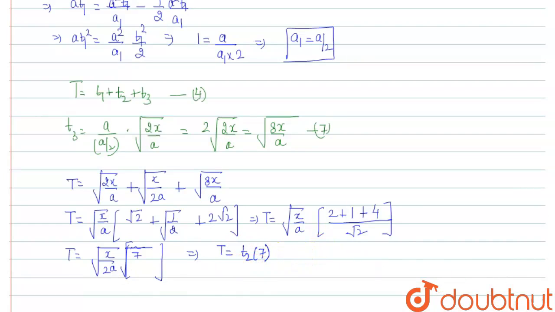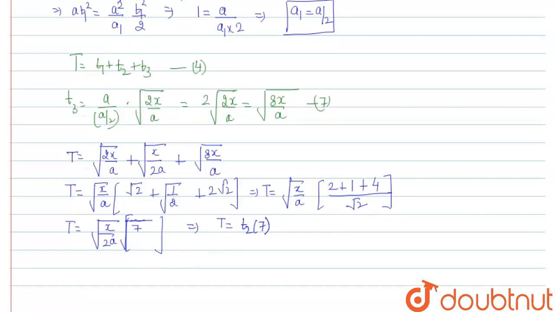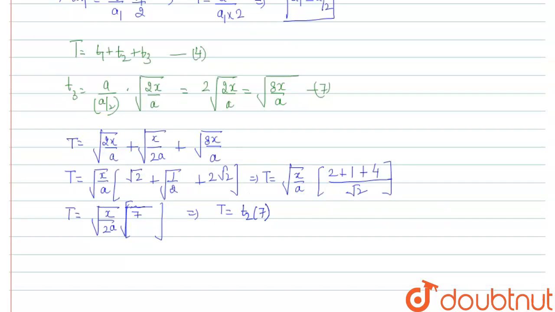So in the next line we write here that the value of capital T, T2 is equal to x upon v into 7. In the next line, Tv upon x is equal to 7. So the final answer of this question is Tv upon x is equal to 7.